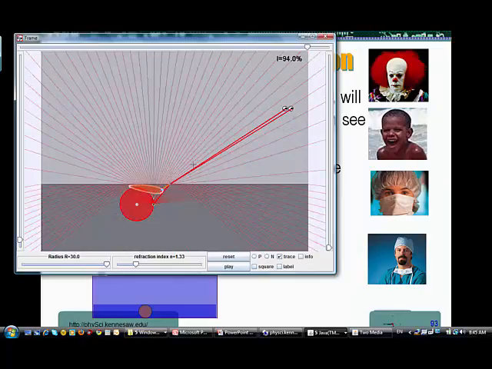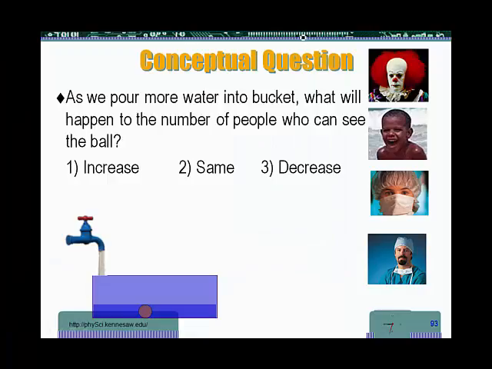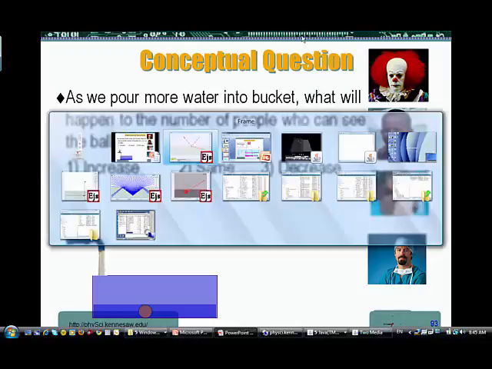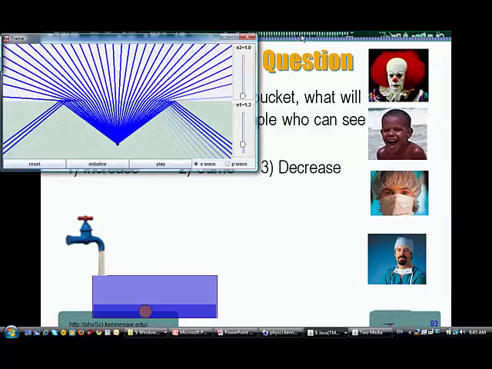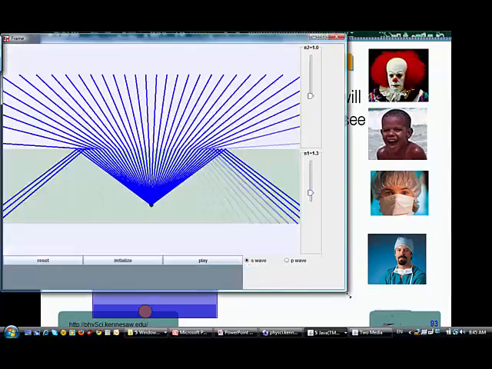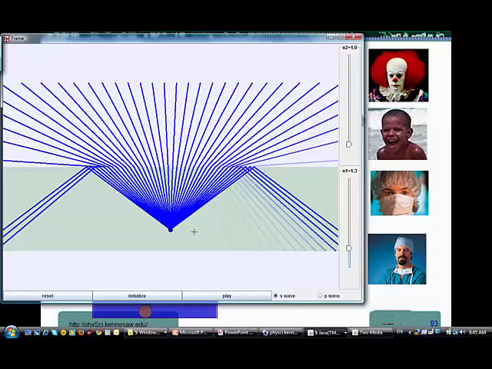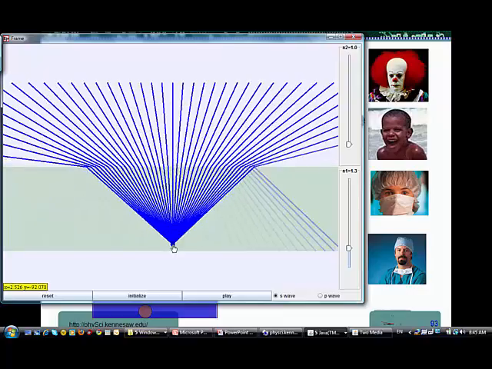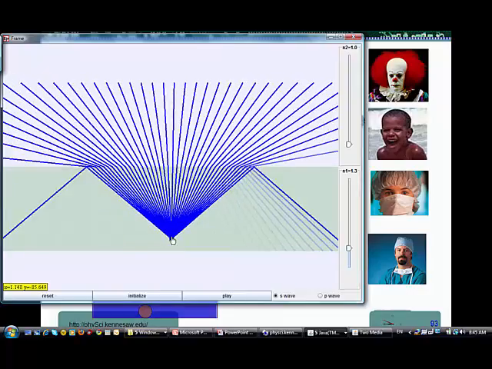Okay, let me show it some other way with another simulation. Again, doing the same thing. So this is at this particular depth.